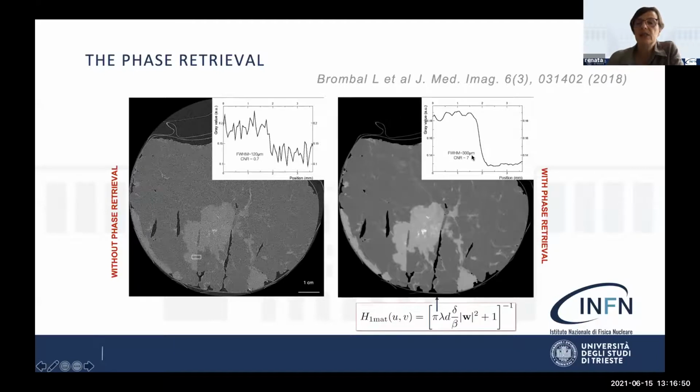The contrast to noise ratio increases by a factor of 10, and the full width at half maximum, which is the spatial resolution, is increased a little bit. So we increase the full width at half maximum, we decrease the spatial resolution a little bit, though it is more or less a factor of 2. You see that the improvement in the image is very, very large. We can appreciate the structure of the tissue much better.